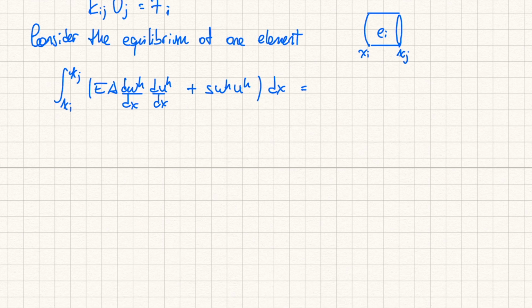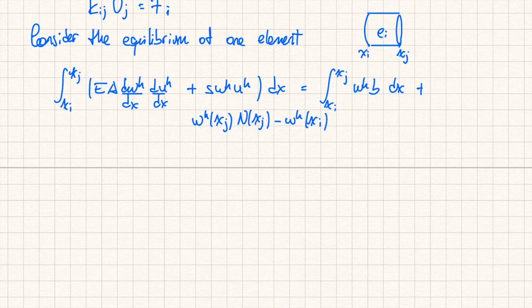Is going to be equal, and let's put the linear form, plus w^h evaluated at x_j, n evaluated at x_j, minus w^h evaluated at x_i, and then n, which is the actual force, if you remember, evaluated at x_i.